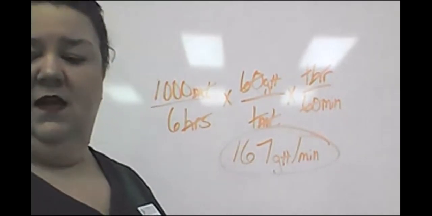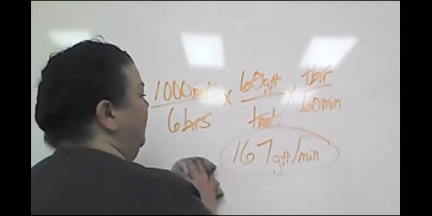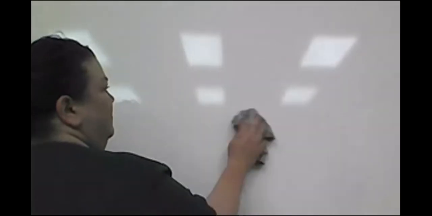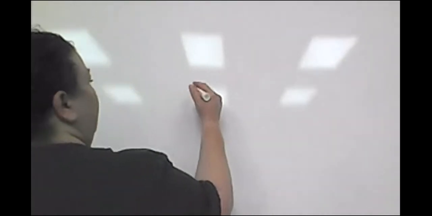Let's go ahead and look at example 21.22. They're on the same page, 332. That example says we have 500 ml to be administered to a patient over 5 hours using a drop factor of 15, and asks for the flow rate in drops per minute. So we're going to start the same way, only this time we didn't have to do a conversion.